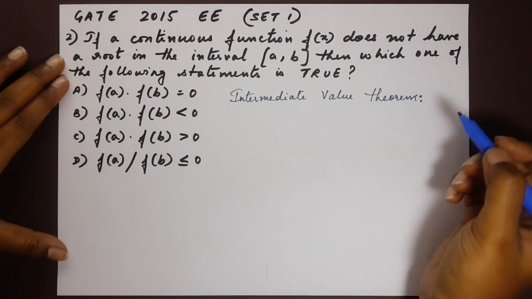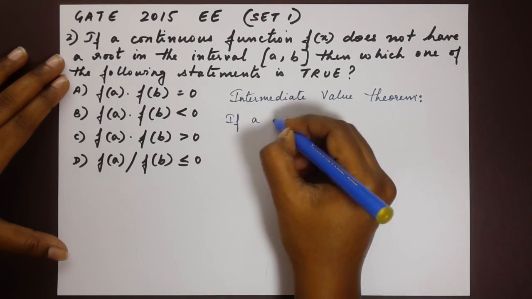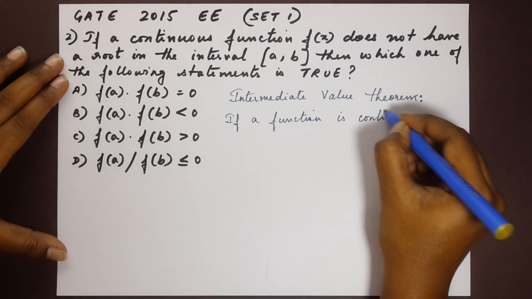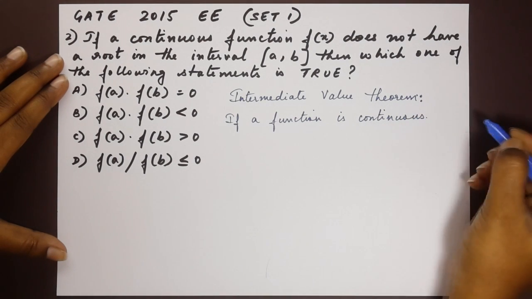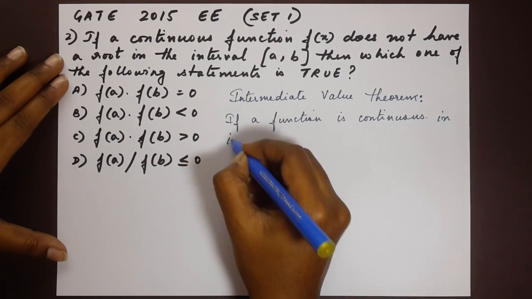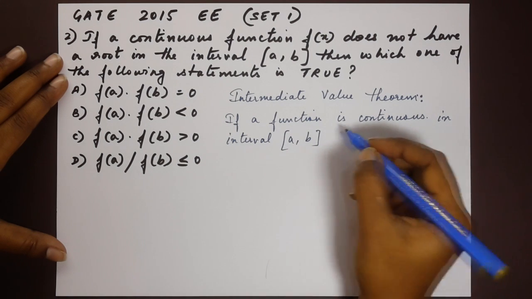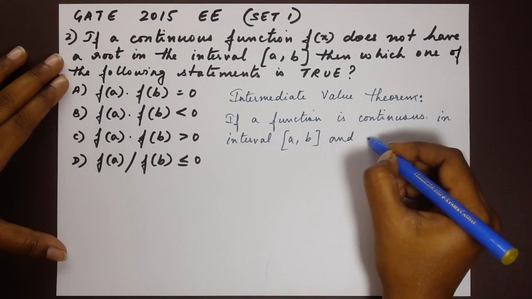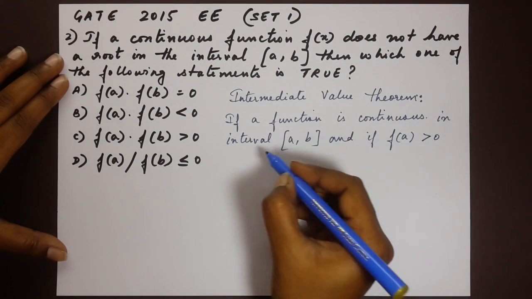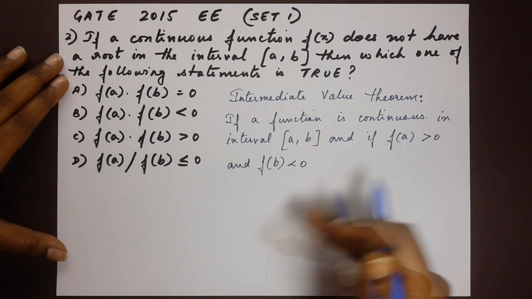It states that if a function f is continuous in a certain interval, in interval a comma b, and if f of a is greater than 0 and f of b is lesser than 0, or vice versa.